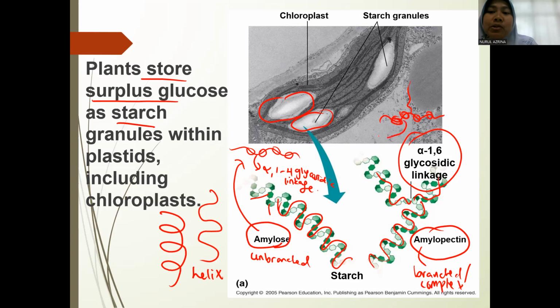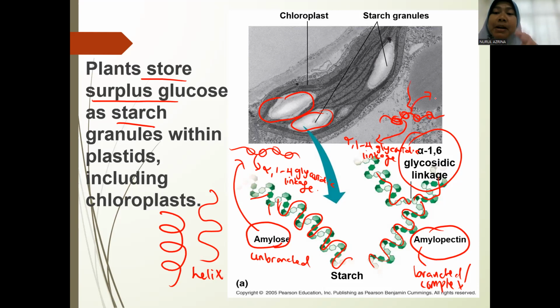So kat sini ikatan apa? Antara glucose dengan glucose yang secara melintang tu, this is alpha 1,4 glycosidic linkage. Right. So yang dekat bercabang ni dia bentuk ikatan apa?